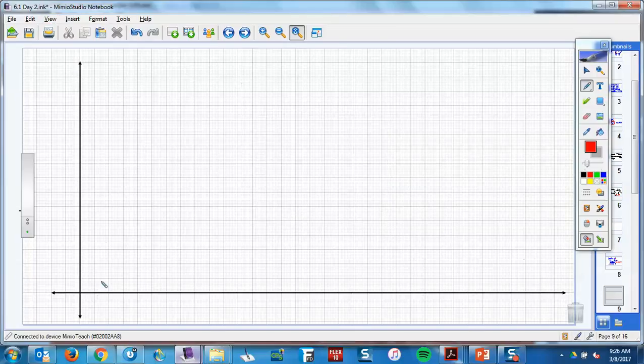If I look at my grid, these would be like your blue lines on your paper here. So this would be 0, this would be 2, this would be 4, this would be 6, this would be 8. So you would plot 0, what's the first one? 0, 0. And then what's 1? 1, 5. So let's say we went 5, 10 like this, so you would go 1, 5.